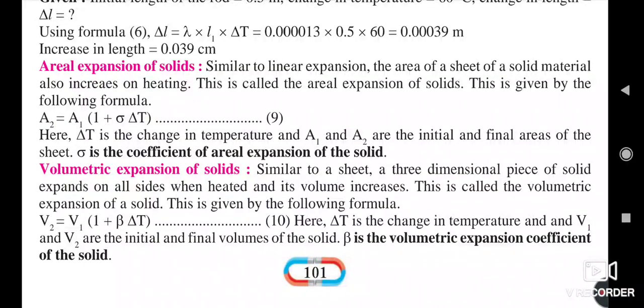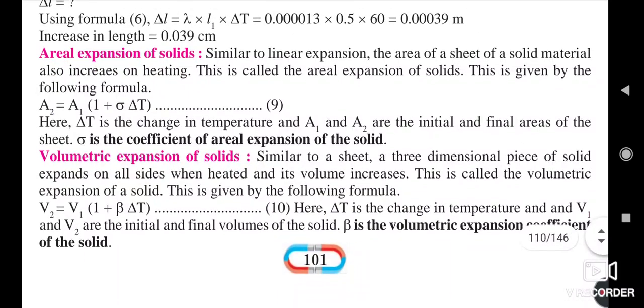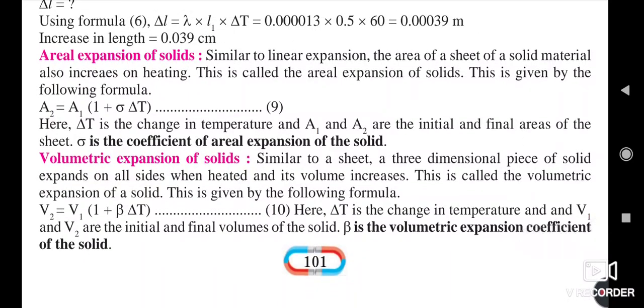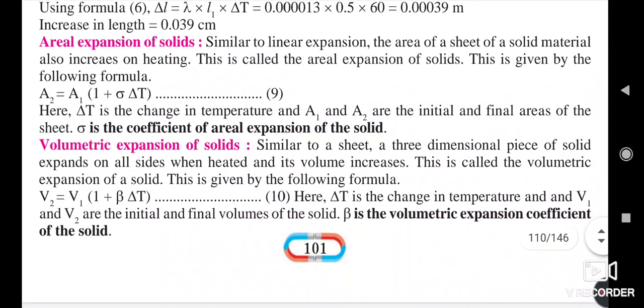Here delta T is the change in the temperature, A1 and A2 are the initial and final areas of the sheet, and the coefficient is the areal expansion coefficient of the solid.